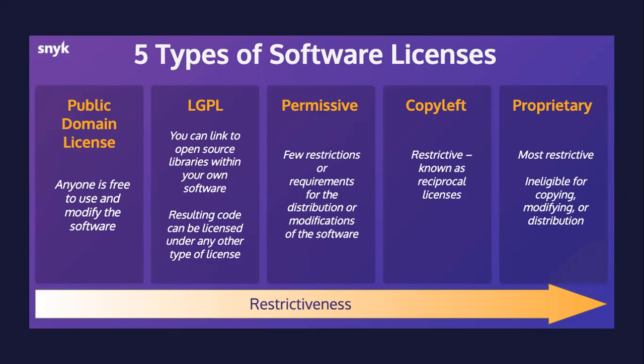Permissive means few restrictions or requirements for the distribution, or few modifications to the software are allowed. Copyleft. Copyleft is basically restrictive, but it is known as a reciprocal license. And proprietary. Proprietary is the most restrictive. Basically, that software is ineligible for copying, modifying, or distributing.